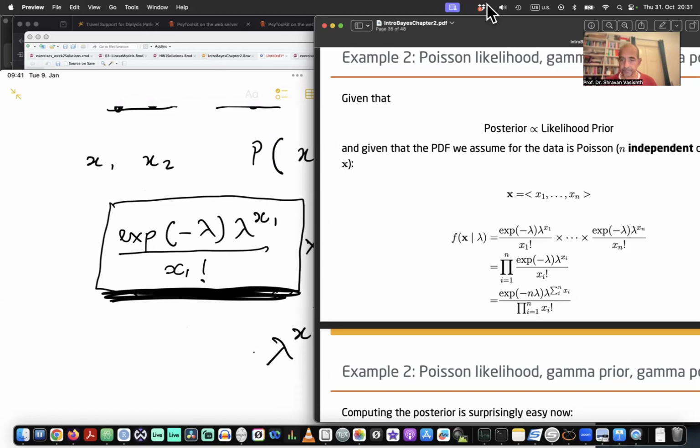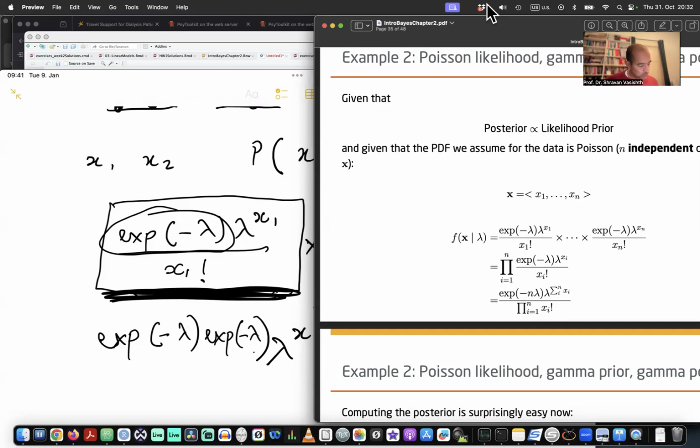And I'm going to be multiplying these two guys, so let's see what this looks like. It will be exponential minus lambda times exponential minus lambda.